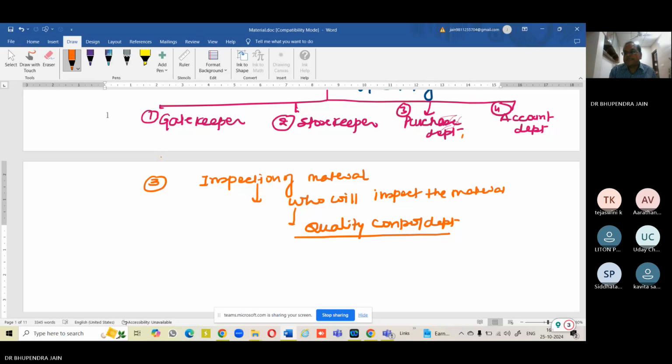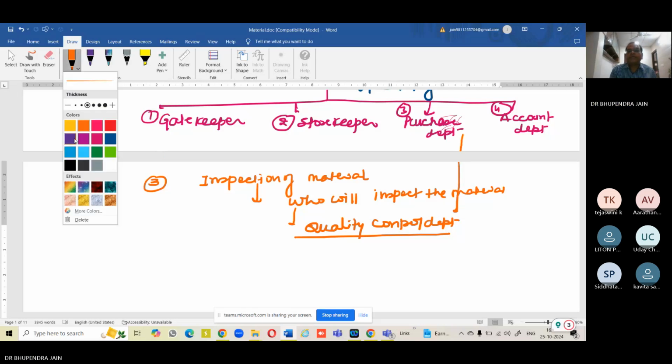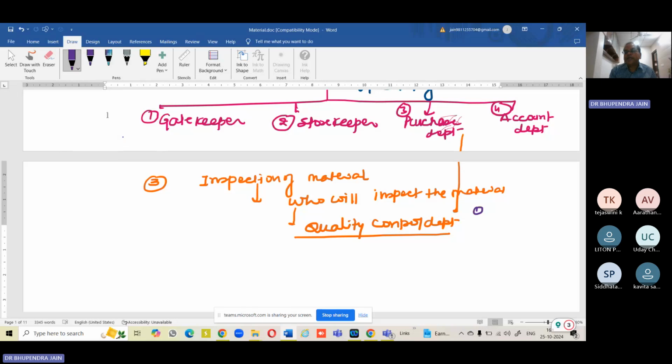That means the purchase department sends the quality as well as the bill to the quality control department. Now the quality control department matches the quality, and then approves the quality or okays the quality. Inspection is done. Now the step number 4.